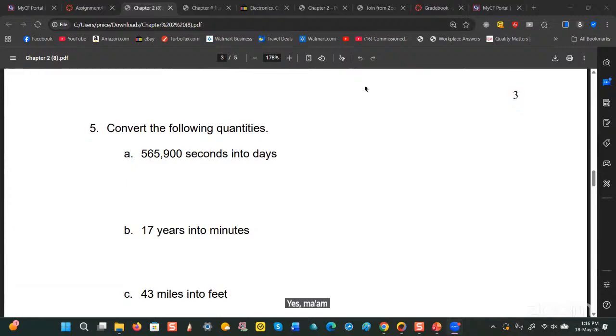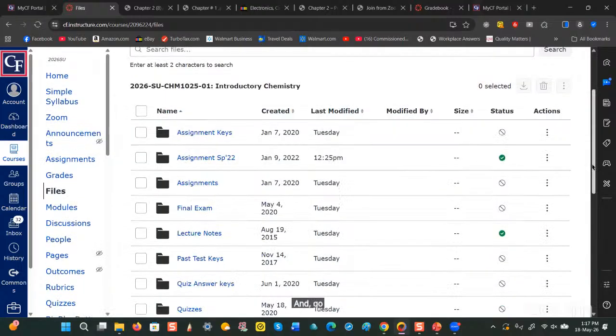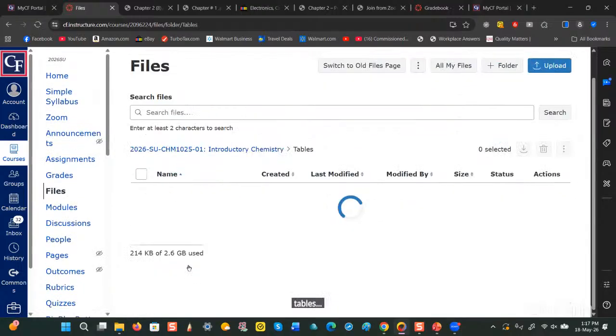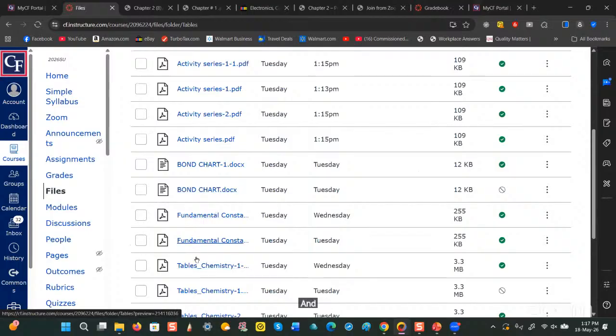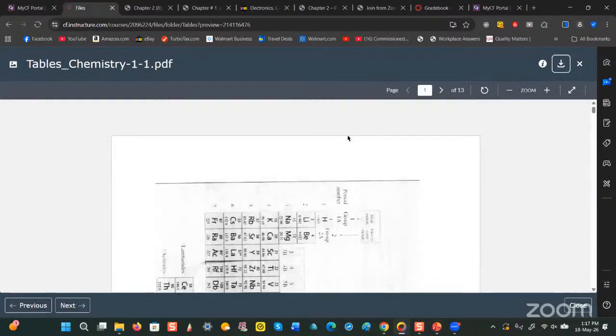Yes, ma'am. Where's the conversion chart on Canvas? Okay, so let me show you here. If you go to Files and then go to Tables, and then go to Tables Chemistry, download that.